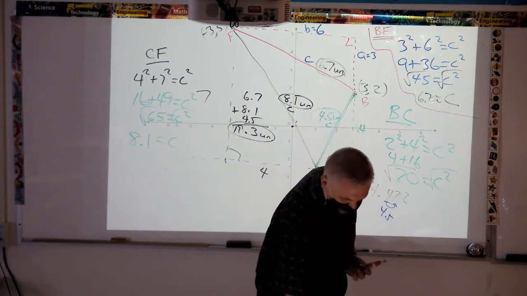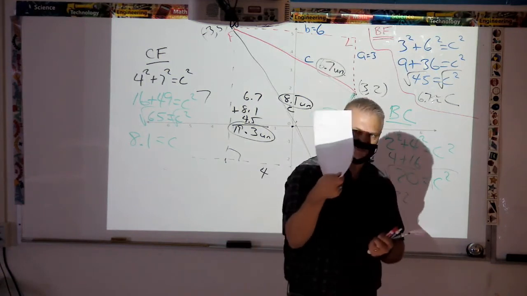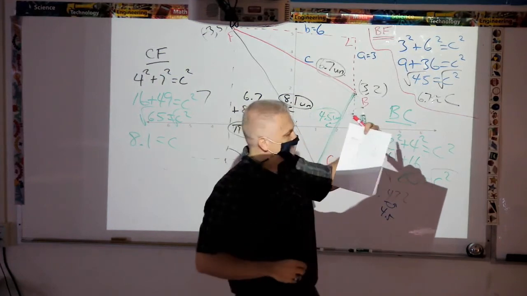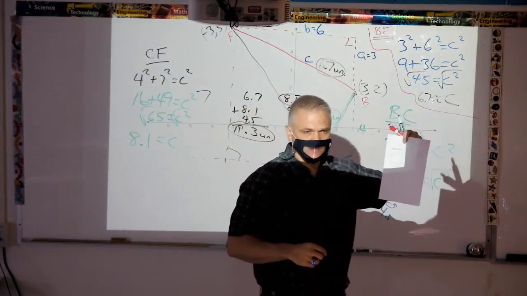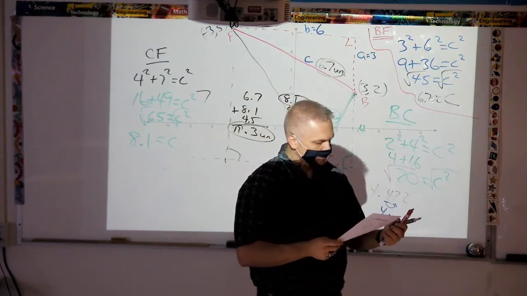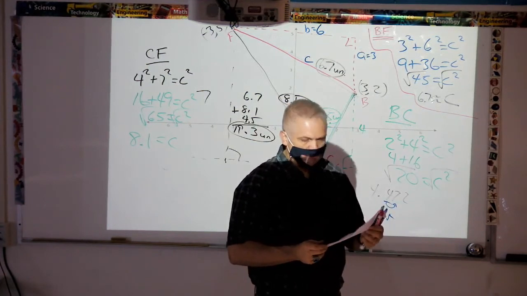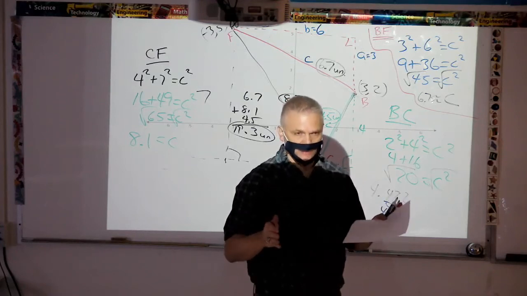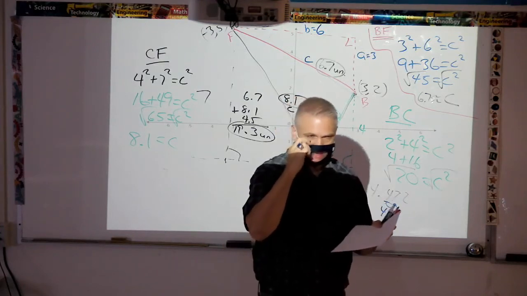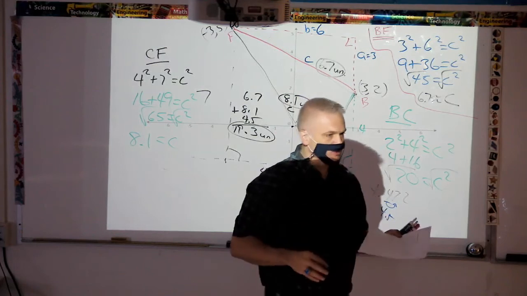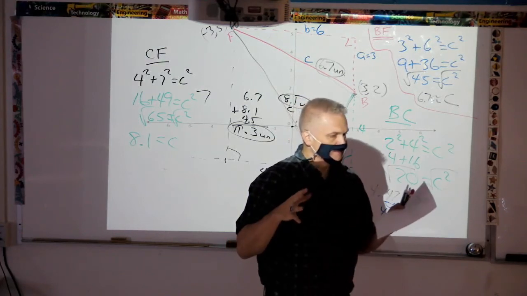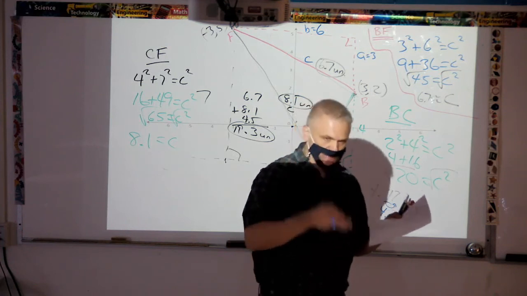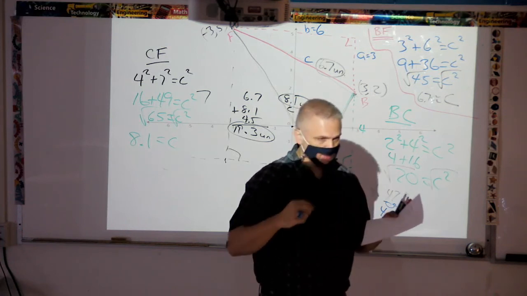So on the back of the Pythagorean Theorem activity, you've got a quadrilateral and you've got a pentagon. I'm going to give you some time to find the perimeter of those by finding each side length using the Pythagorean Theorem. Once you've done that, if you need to work on your reviews or any of the assignments that you were supposed to have done this week, take that time.